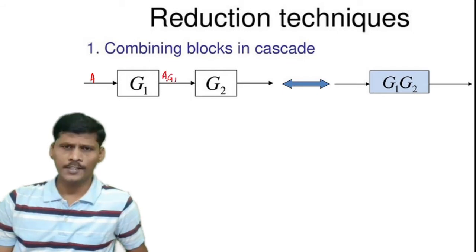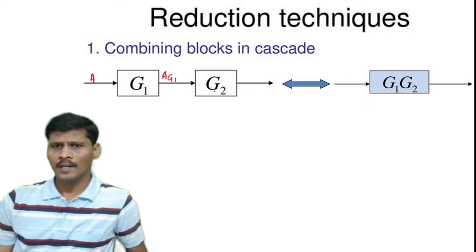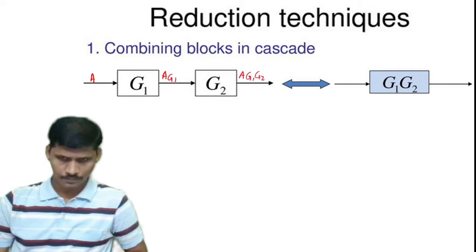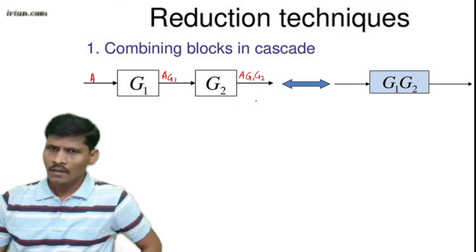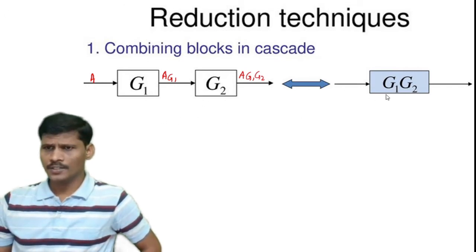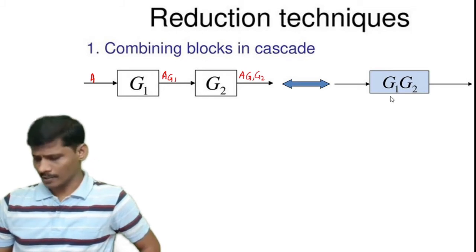The second block's input is A G1, and the output of the second block is A G1 G2. This cascade connection is represented as G1 into G2, so these two blocks can be represented as a single block. This is the equivalent representation.